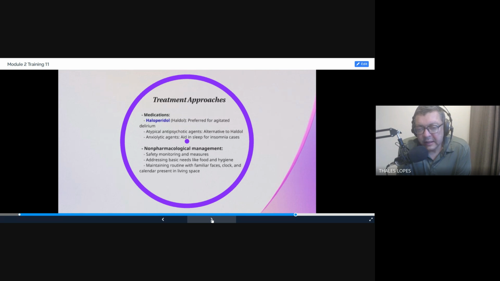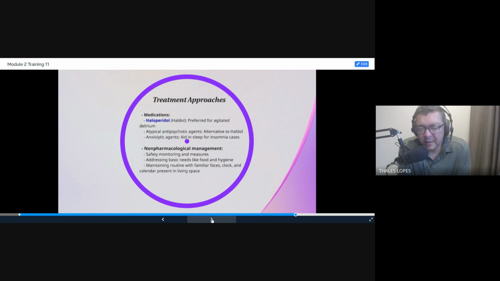An anxiolytic agent can aid in sleep and insomnia, but we do not want to give them benzos because they would potentially cause falls. So the preferred medication is haloperidol or an atypical antipsychotic, not benzos.